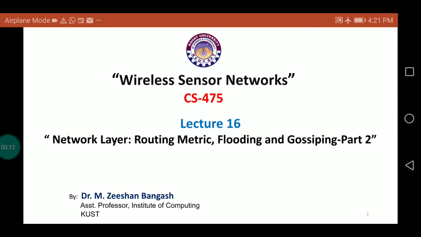In part 1, discussed in lecture number 15, we were considering different protocol scenarios in the network layer. We talked about some data-centric protocols in the network layer like data diffusion, SPIN, and rumor routing, and we discussed some pros and cons of each protocol.